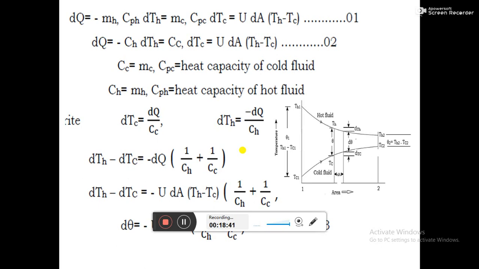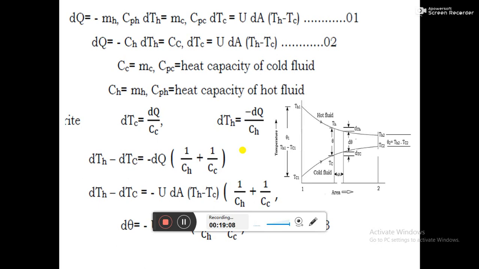Now we are replacing mh into cph by a term called Ch and mc into cpc by a term called Cc, where Ch gives the heat capacity of the hot fluid and Cc gives the heat capacity of the cold fluid.